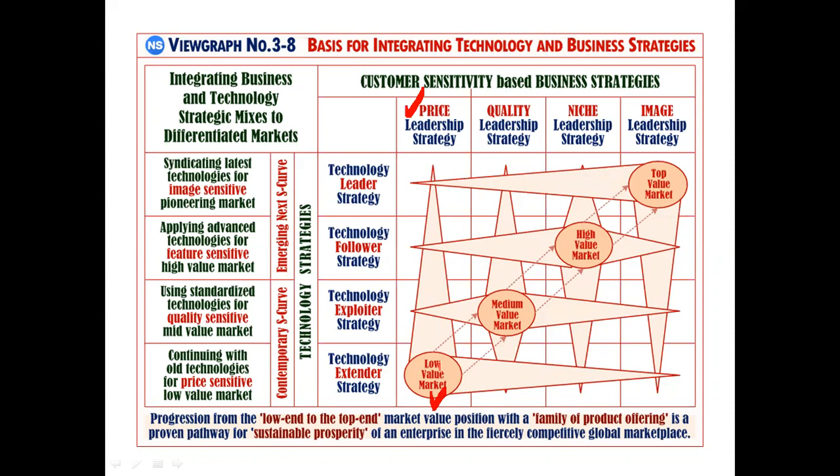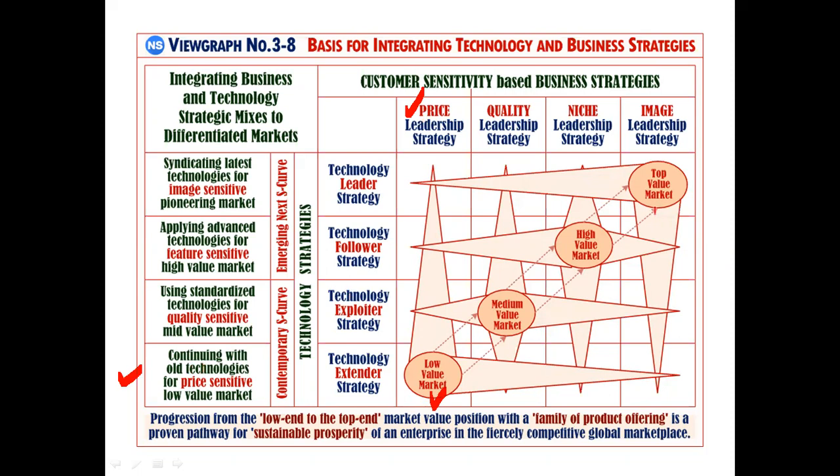And I can put Toyota Corolla, a car which is sold in the US for $15,000. This is the cheapest you can buy now. And business people are using the price leadership strategy to sell this product, where the technologies used are continuing with old technologies for the price sensitive, low value market.